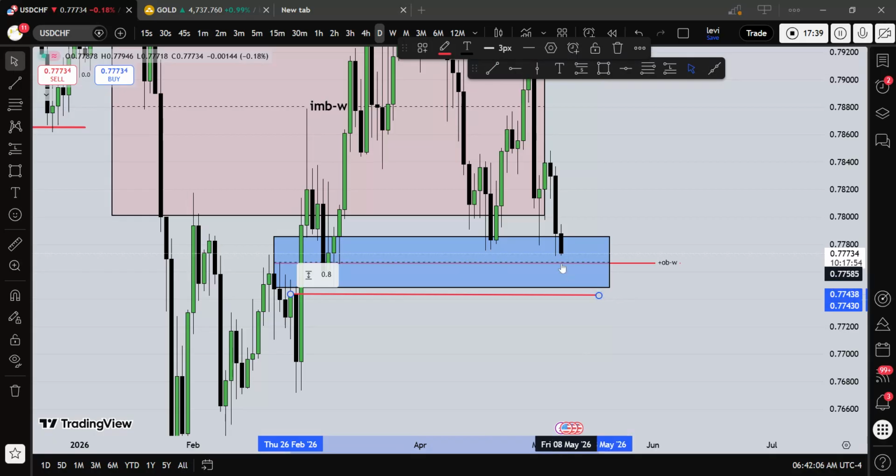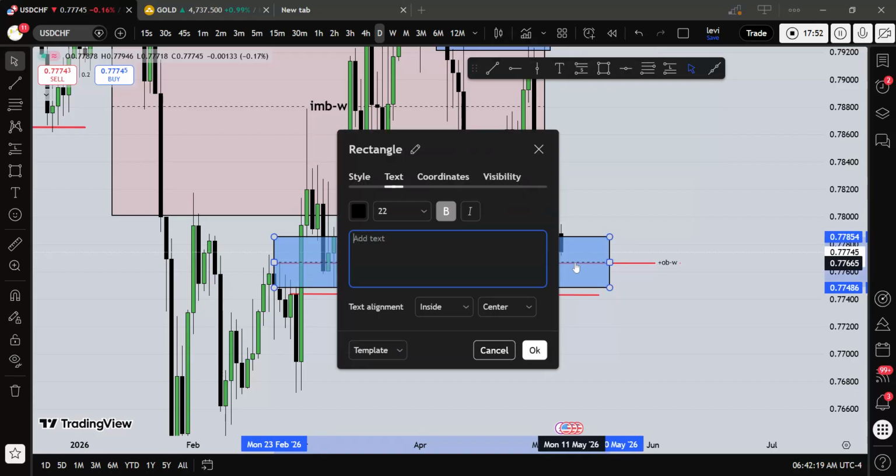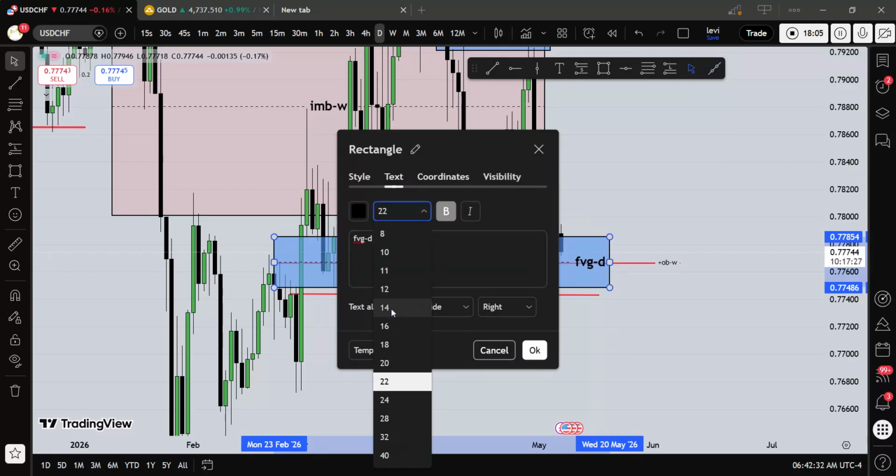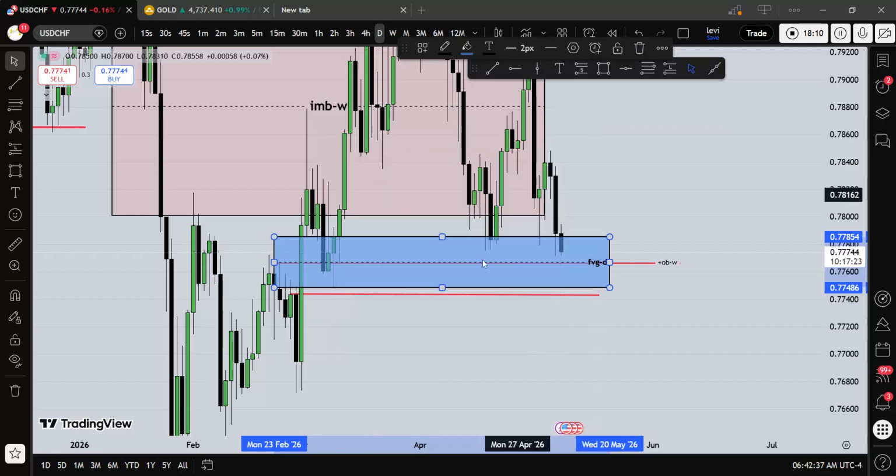So we want to see a reaction from here, or 25% of this fair value gap here, or the order block on the daily. Let's mark this fair value gap on the chart.